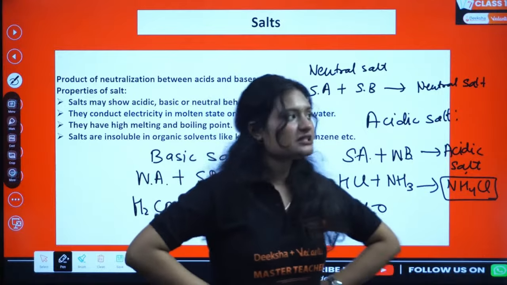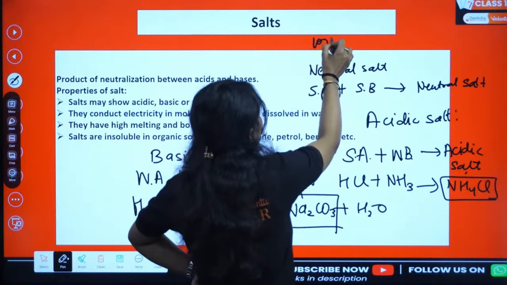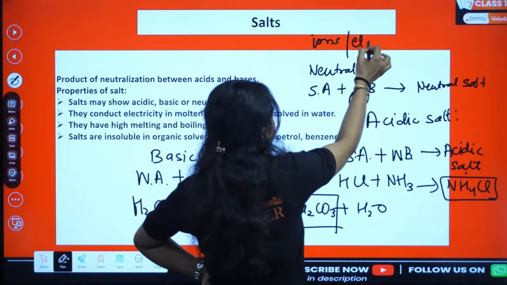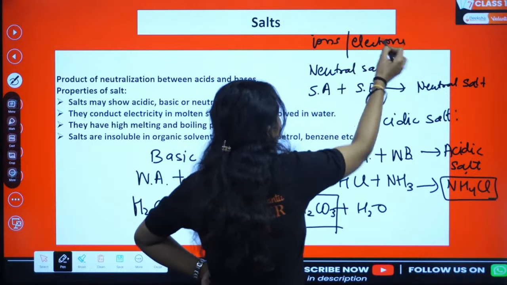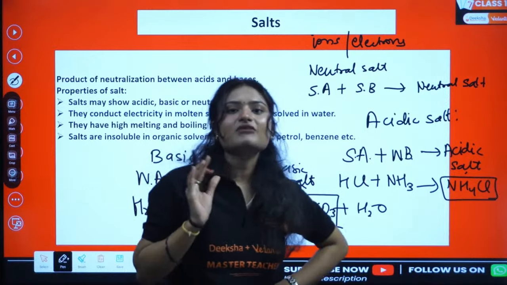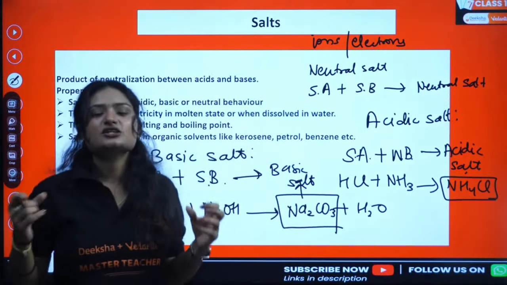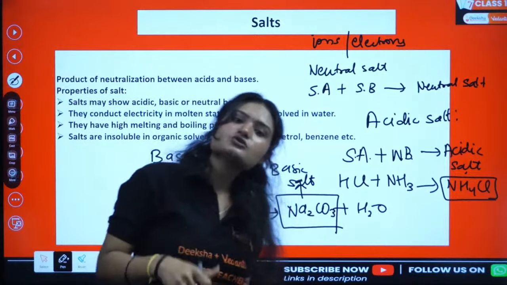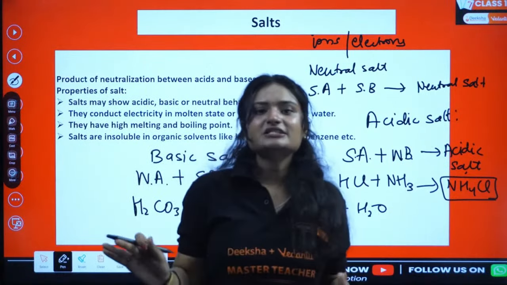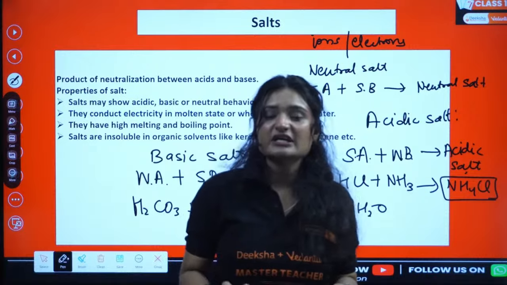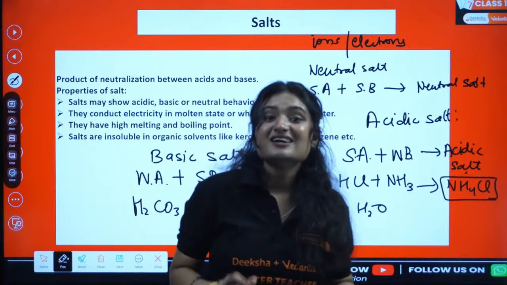To conduct electricity, you need ions or electrons. When you dissolve a salt in water, you have ions. When you melt it, you have ions. And these ions will conduct electricity. In solid state, they do not have these ions. That's why in solid state, they do not conduct electricity.